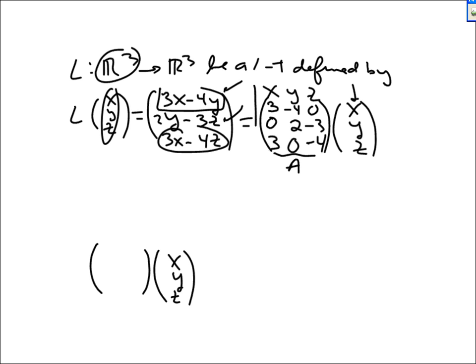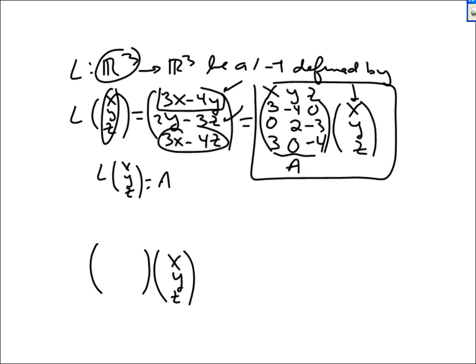The problem is saying find the matrix A so that L of x, y, z is equal to A times x, y, z. If you actually multiply A by x, y, z, you will get this. Actually do it, make sure I didn't make a mistake.